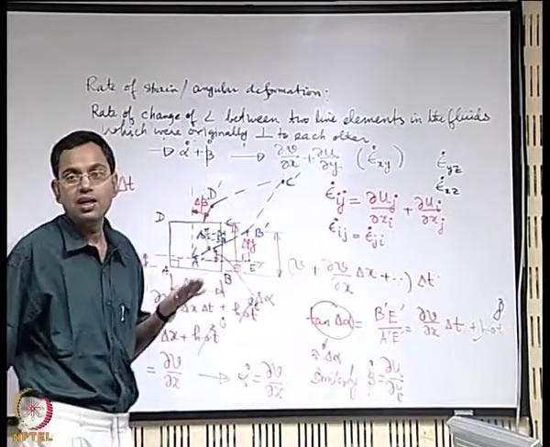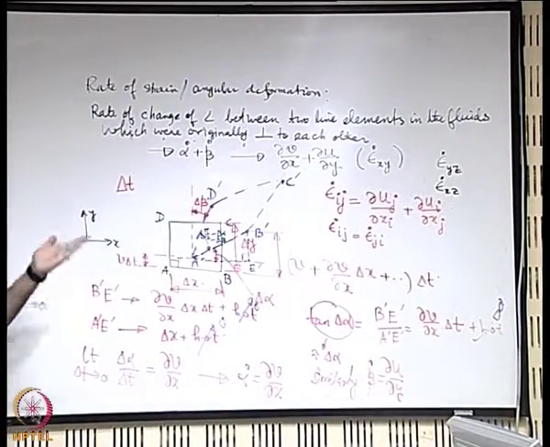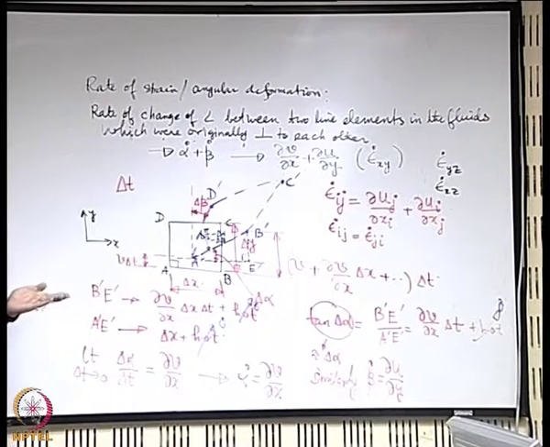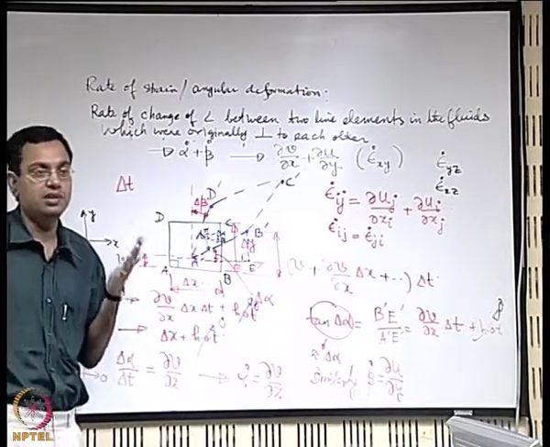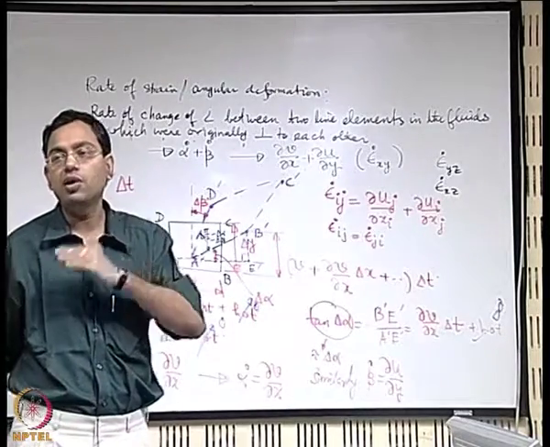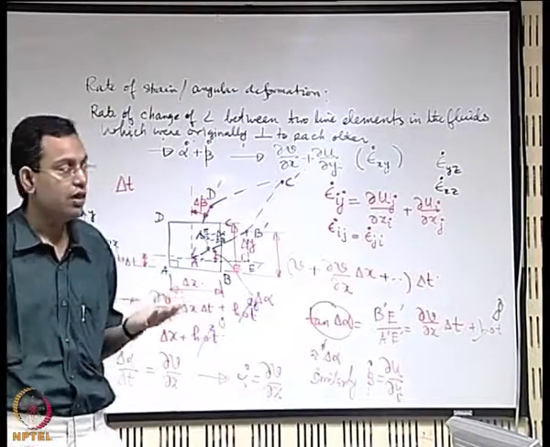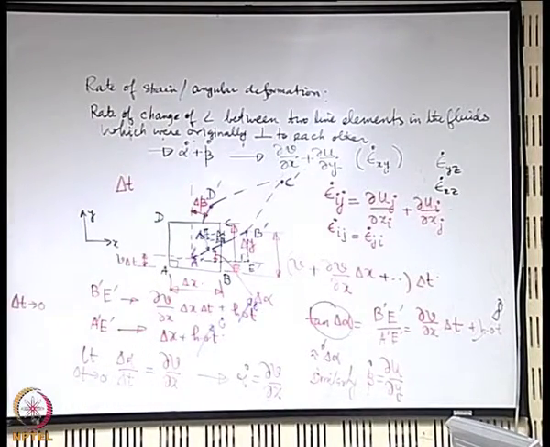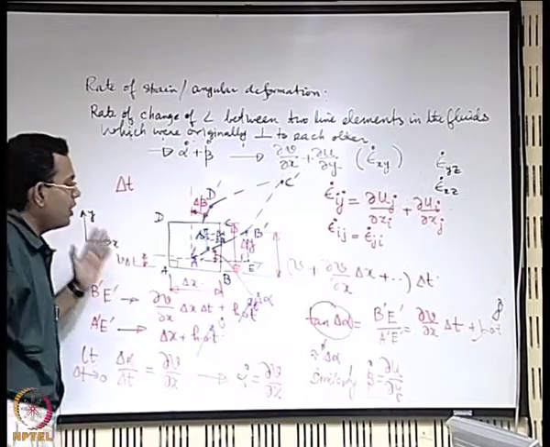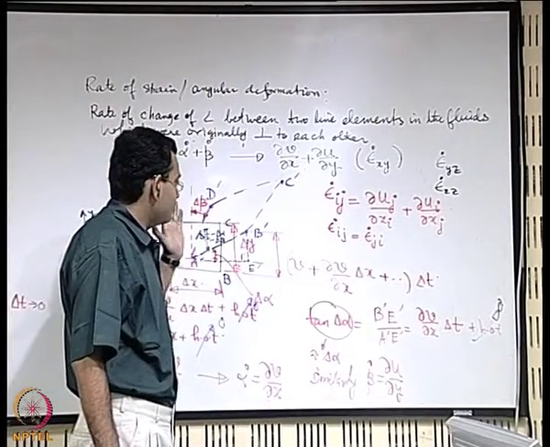So, that is also an aspect of angular deformation, and in place of deformation we can just call it rotation, because it is not actually a deformation, it is the change in some angle because of a rigid body type of motion.